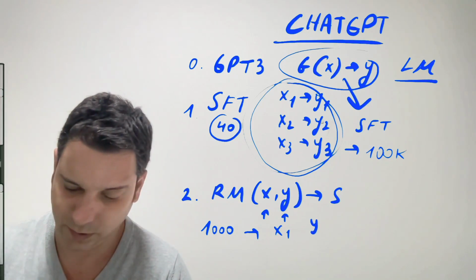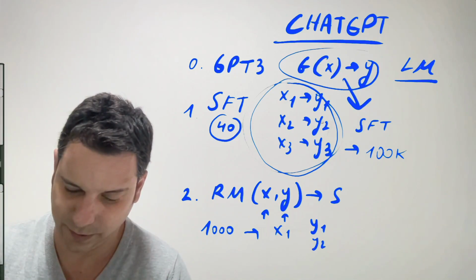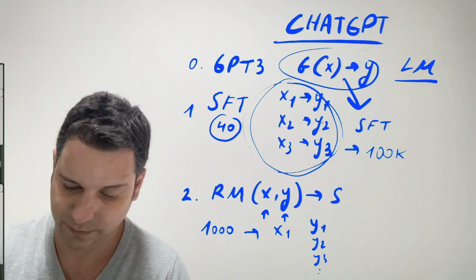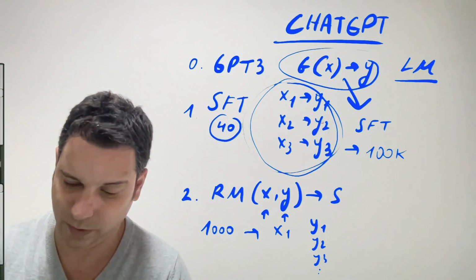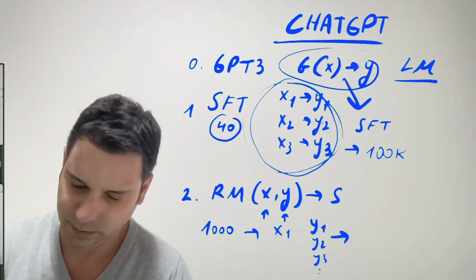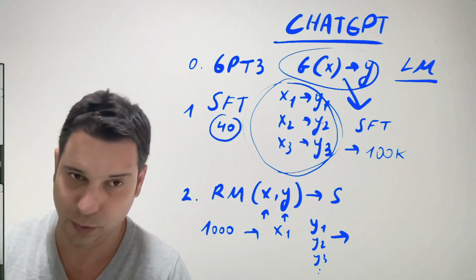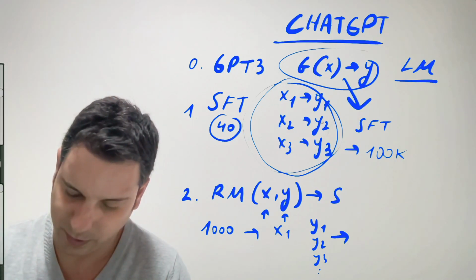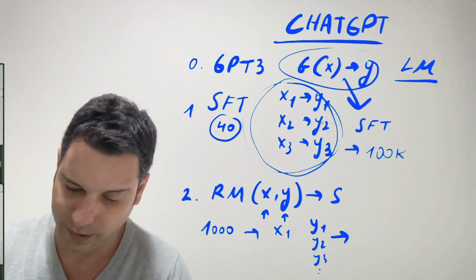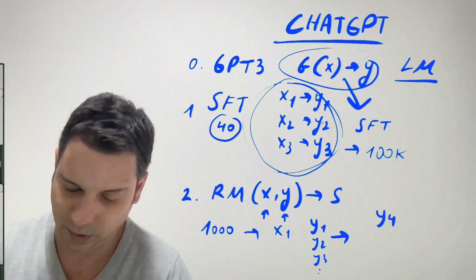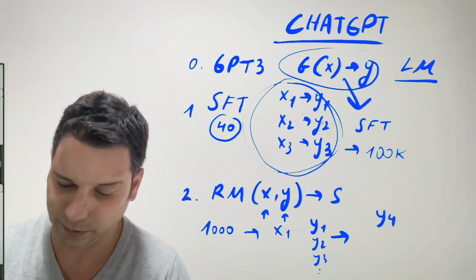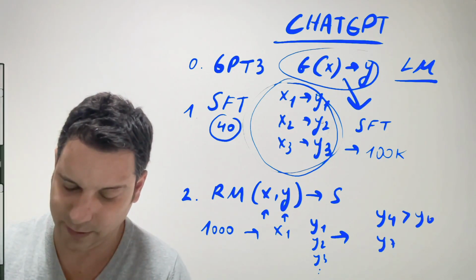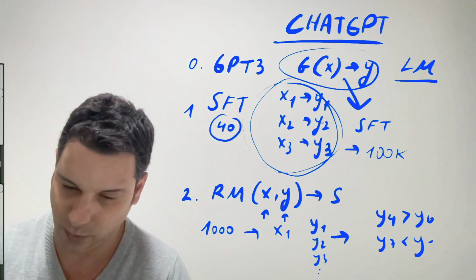It can be 4. We have all these responses, and we want these people to rank which one is the best answer. So for example, they say that Y4, answer 4, is better than Y6. They say that Y7 is less good than Y1.